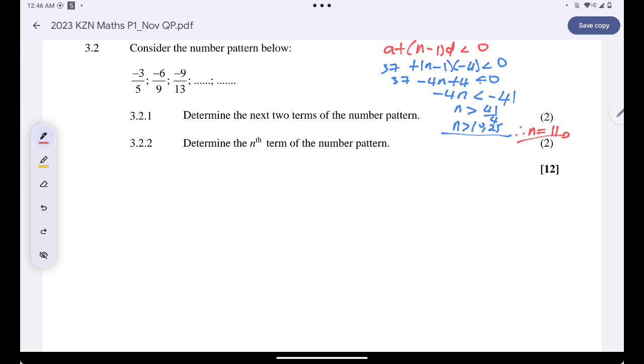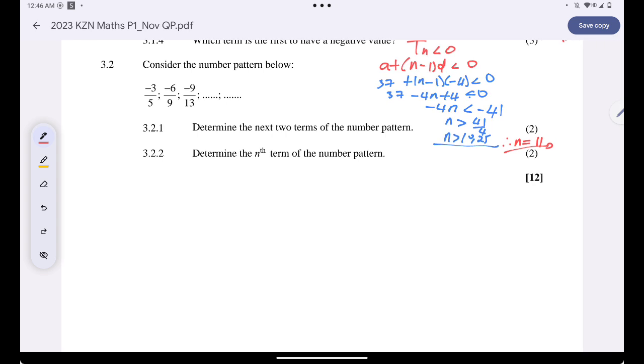3.2, I'm asked to consider a sequence. What kind of a sequence is this? Okay, I have negative 3 over 5, negative 6 over 9, and negative 9 over 13. I'm doing this deliberately.